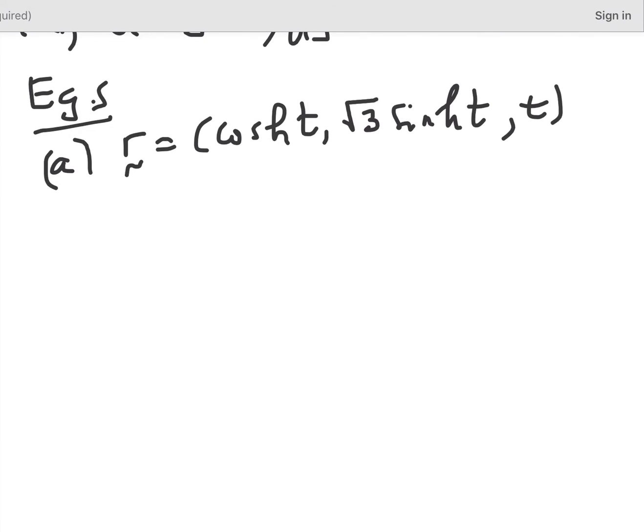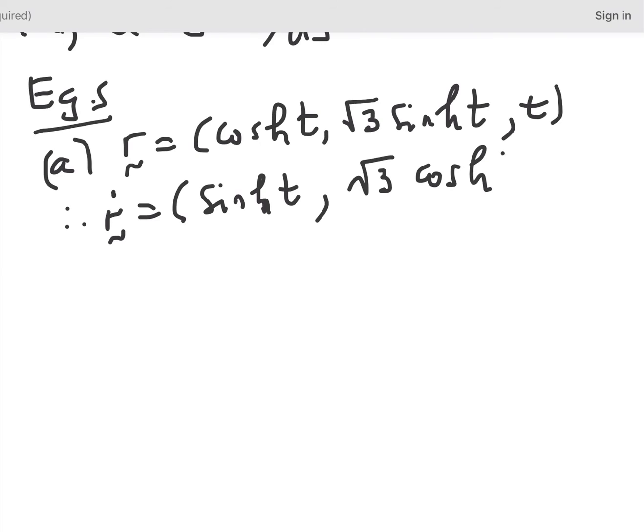For the unit tangent vector, we'll need the tangent vector itself. So here, vector r dot would be: the derivative of hyperbolic cos is hyperbolic sine. Notice there's no sign change as in trigonometry. The derivative of hyperbolic sine is hyperbolic cos, and the derivative of t is 1.